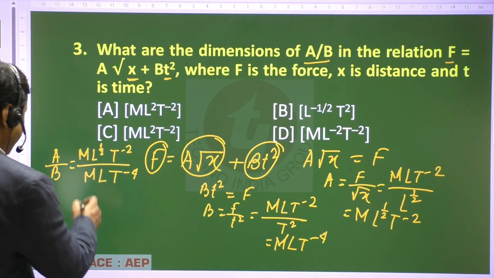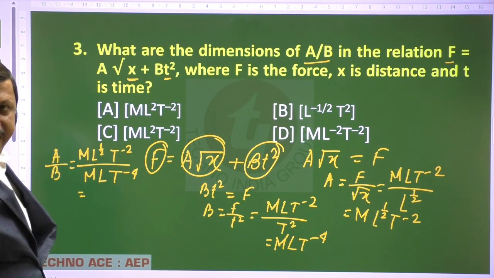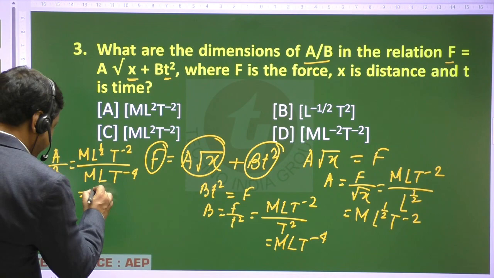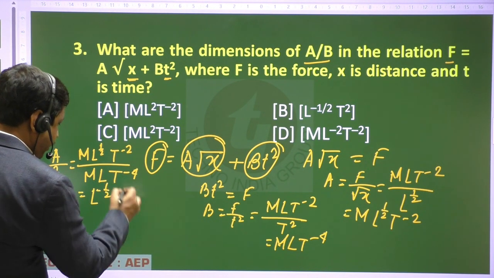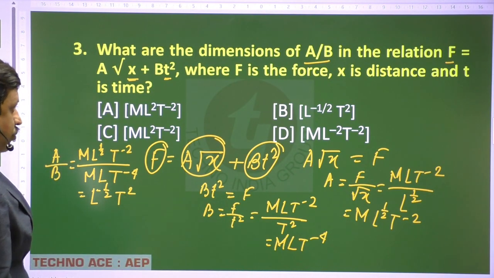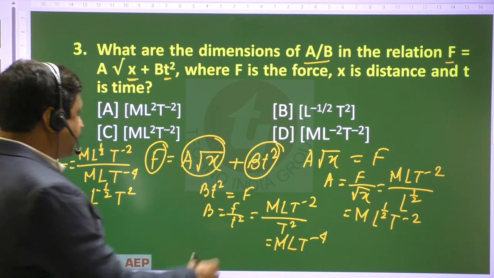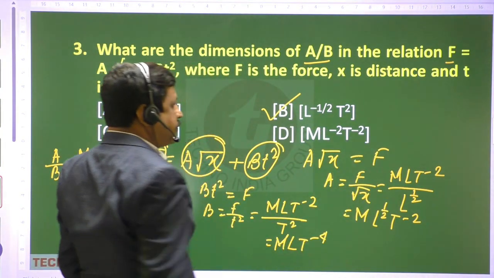So m cancels. L power will be L to the power minus half, and t power will be t square. So L to the power minus half t square, that is option B is correct, right? Option B is correct.